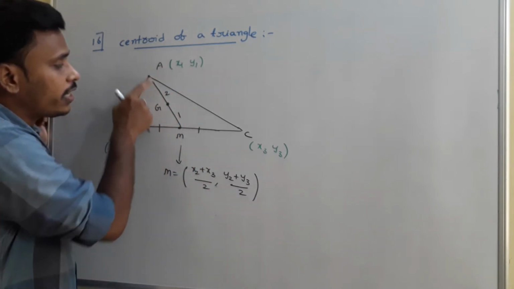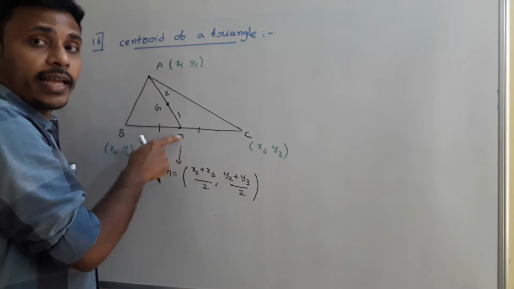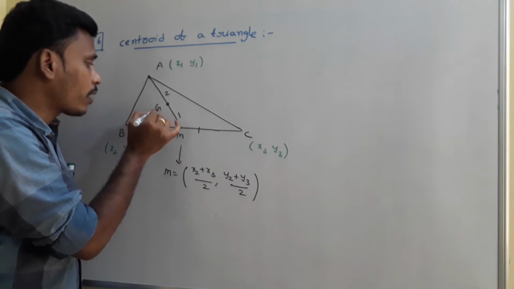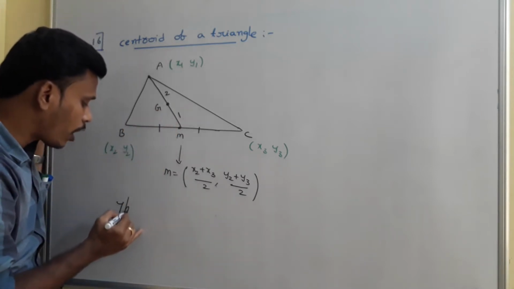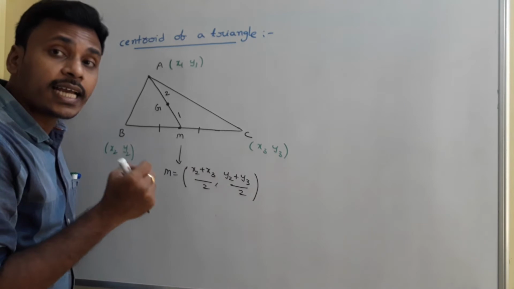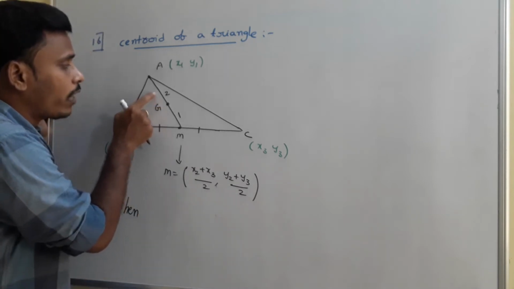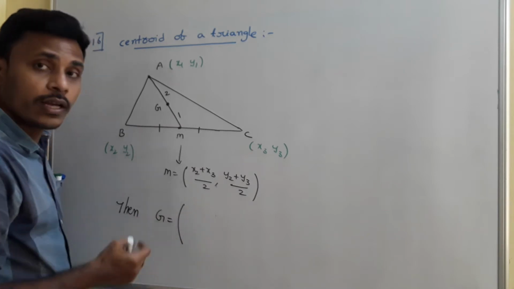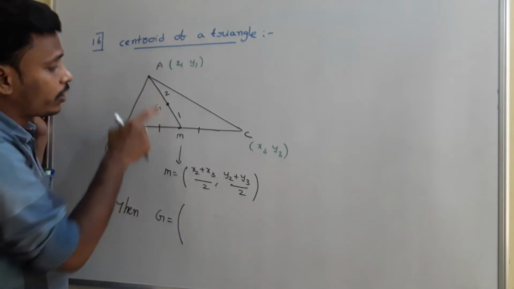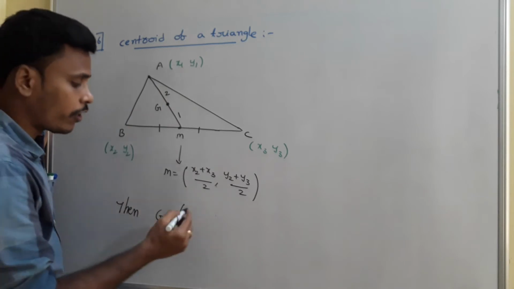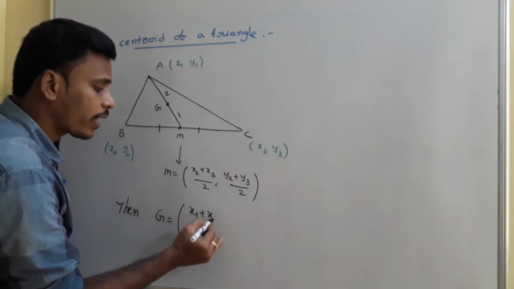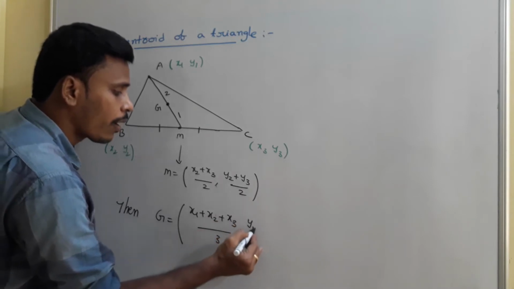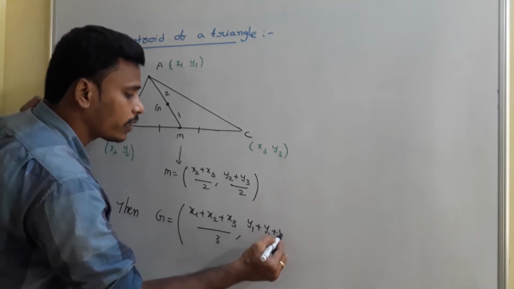The line segment AM is divided by the centroid in the ratio 2:1. When you use the section division formula, since the centroid divides the median in the ratio 2:1, on simplification you will get the centroid as ((x1 + x2 + x3)/3, (y1 + y2 + y3)/3).